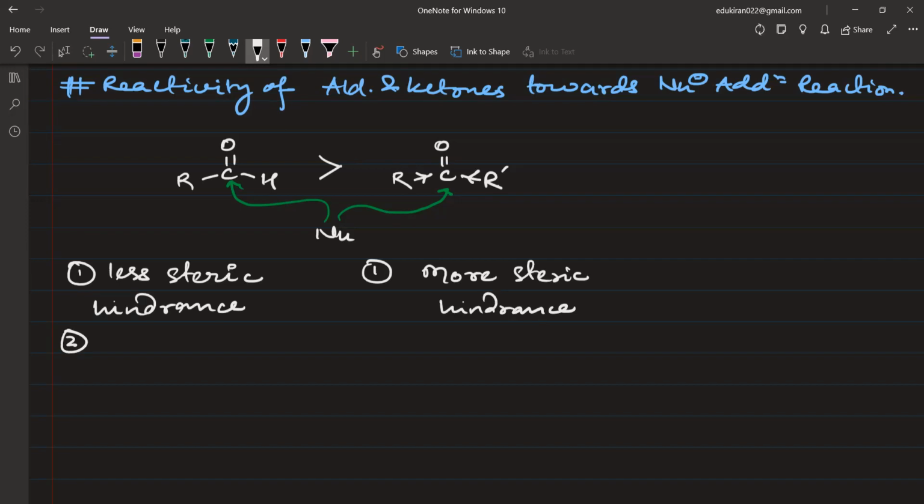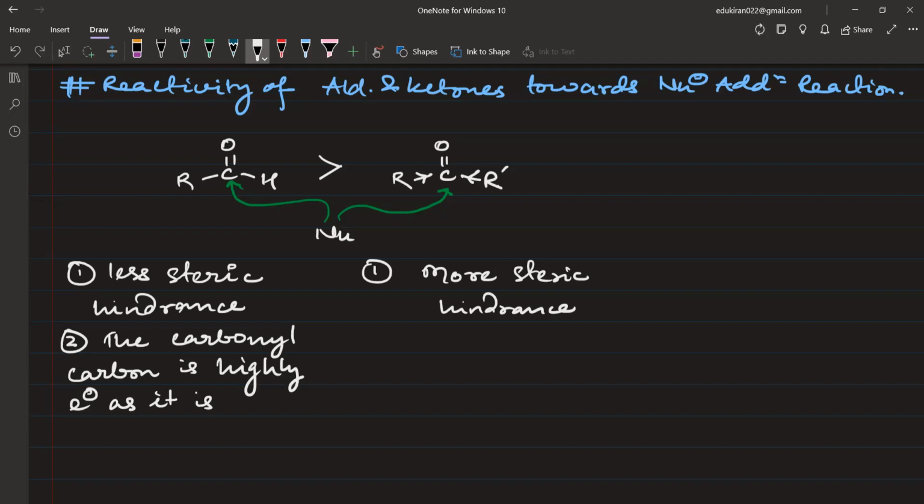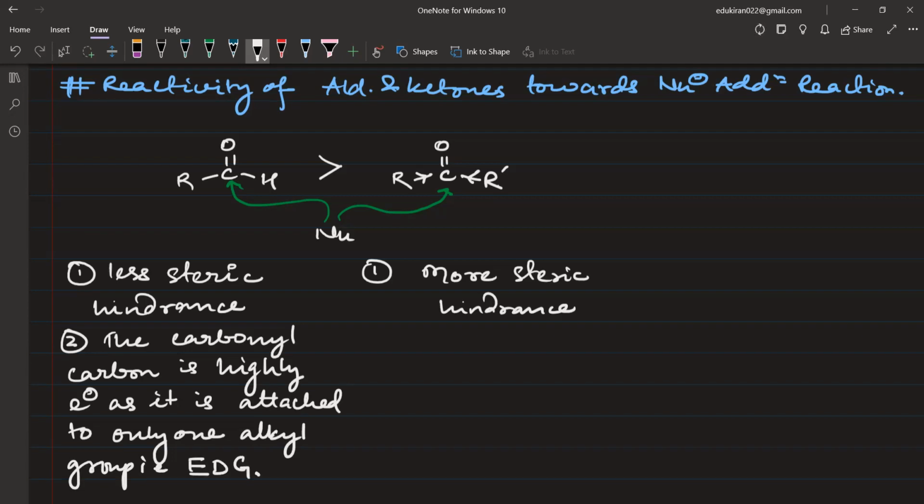Second reason is the carbonyl carbon is highly electron poor as it is attached to only one alkyl group, that is an electron donating group.